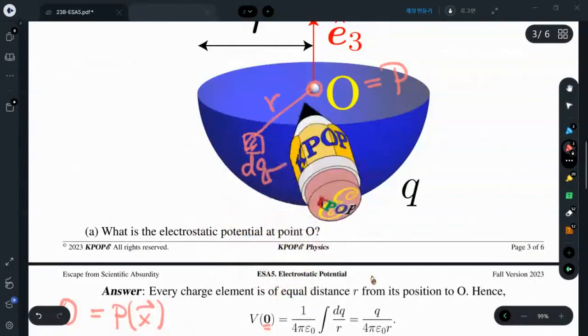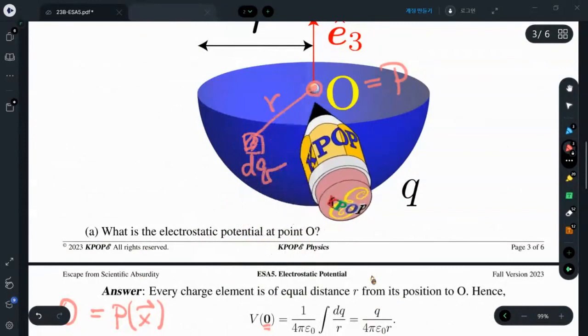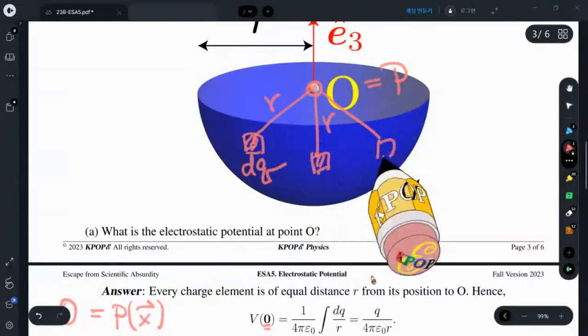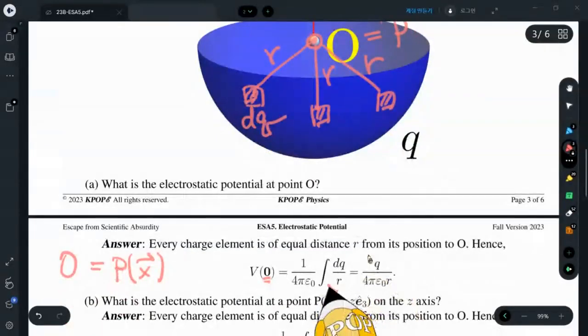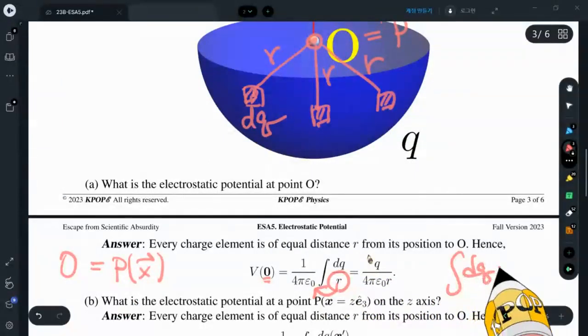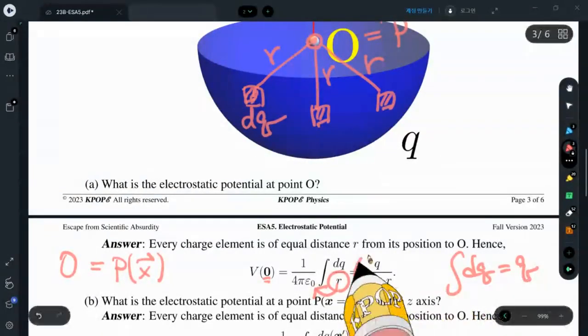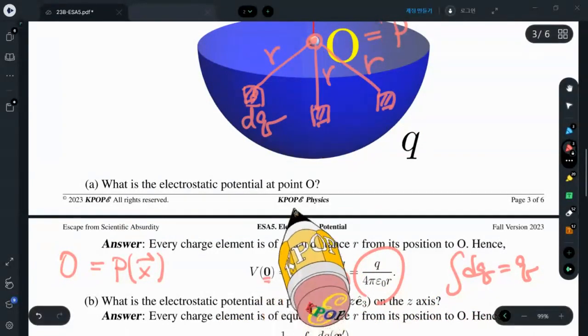We know the distance from the source to the field point is exactly the same, r, everywhere. So in this integral, I can pull this r out, and the trivial integral everybody can evaluate without complication. It is q. So this is the electrostatic potential at the origin.